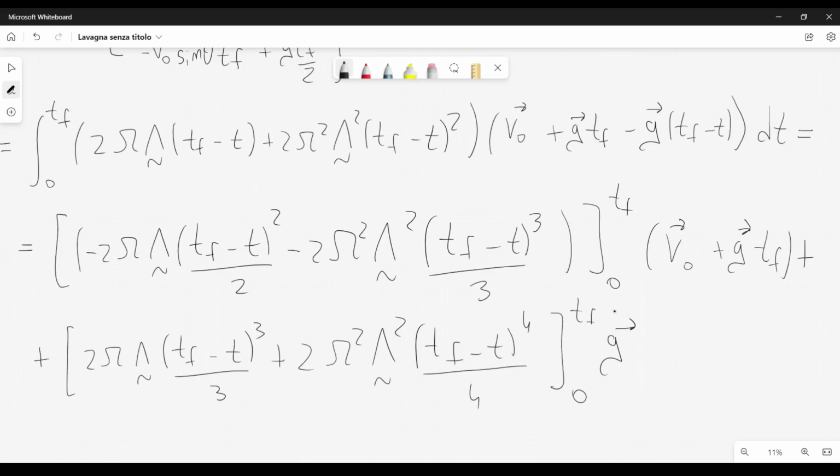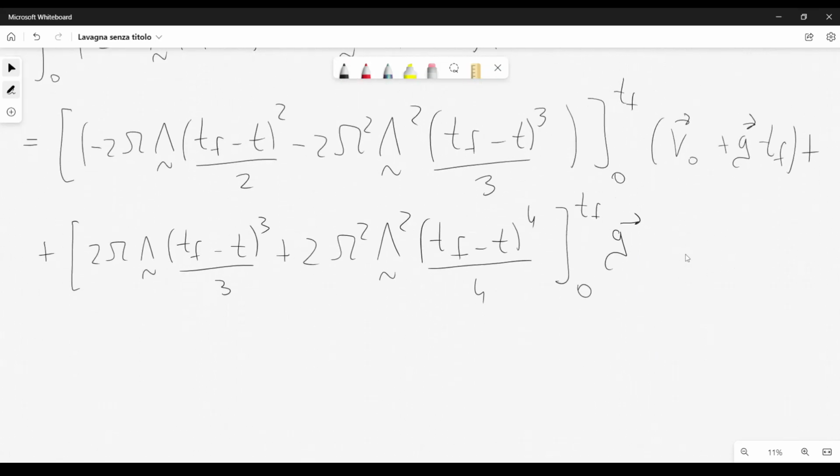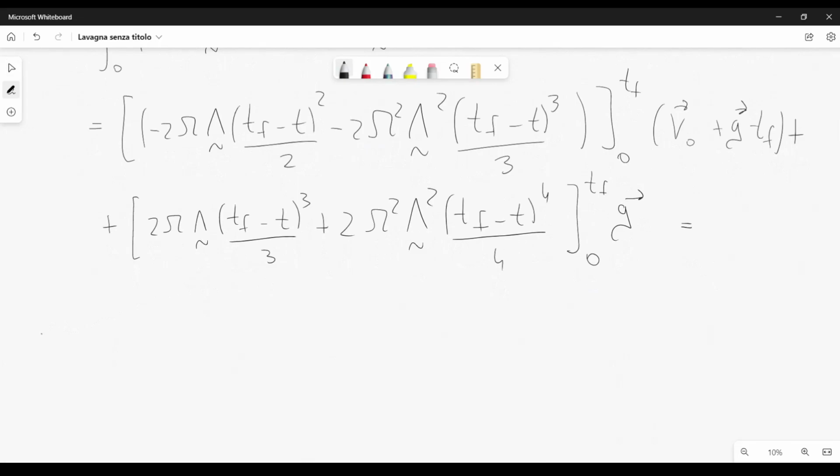Now let's try to make our last efforts. We are reaching the solution, but just be patient a little bit. We have 2 omega lambda tf squared over 2.